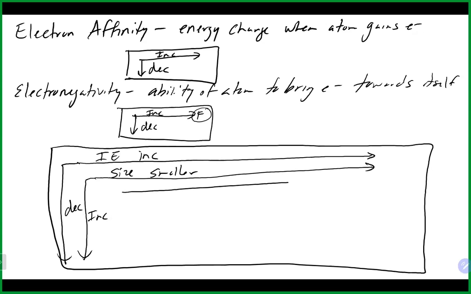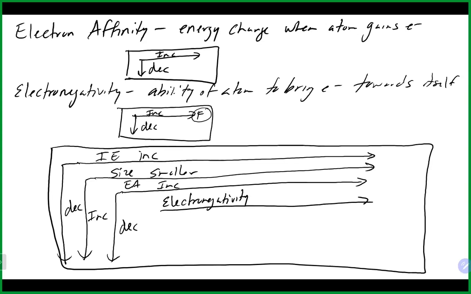Our electron affinity, EA, electron affinity, increases as you go up and to the right, decreases as you go down. And lastly, our electronegativity increases as you go to the right and decreases as you go down.